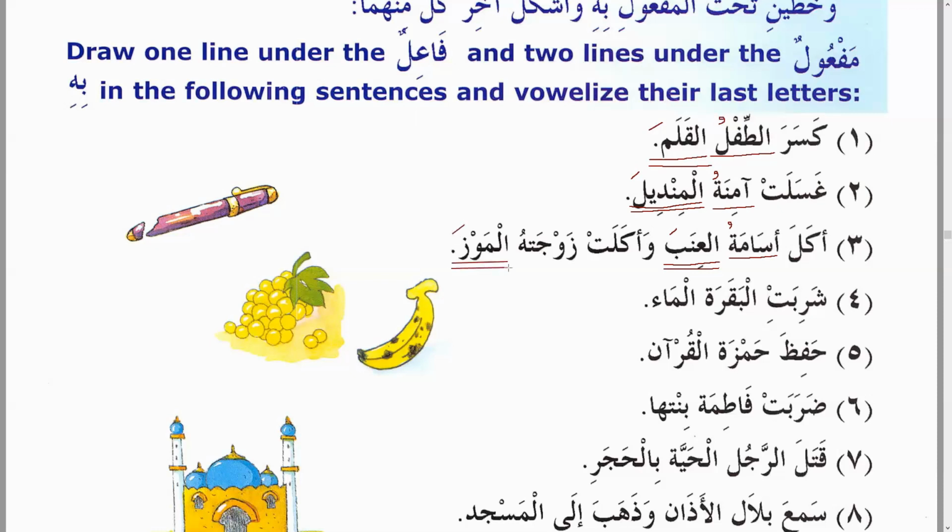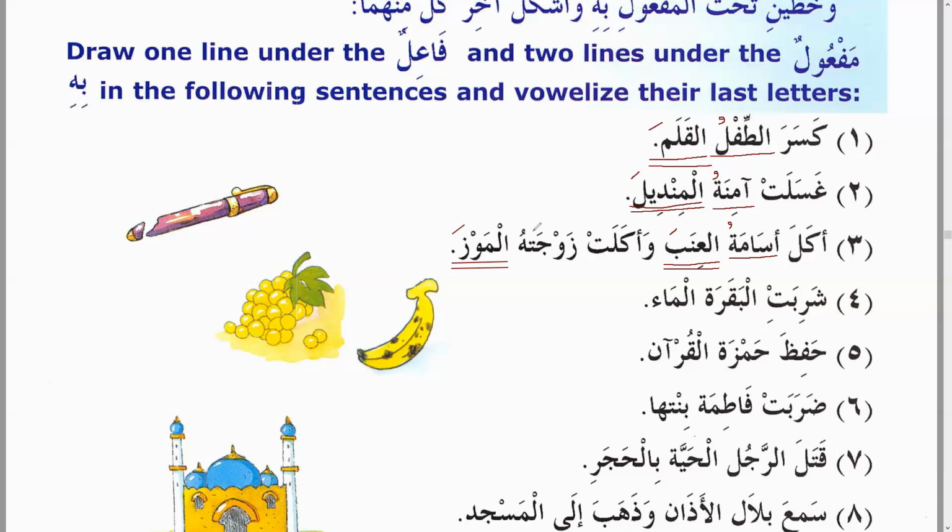This is the object. Where's the fa'il for akalat? Who ate the banana? Yeah, zawja.